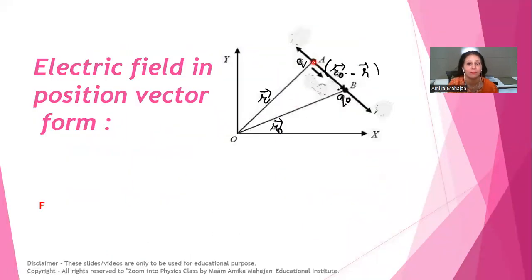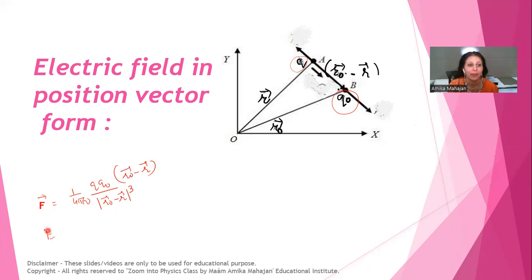Now, if I have to write electric field due to this source charge at point B, what I do, I place a vanishingly small test charge Q naught at B. Here Q is the source charge. So if I want to find electric field, then what will be the force acting on Q naught? 1 by 4 pi epsilon naught Q Q naught upon, now it is from A point to B point. So final point is B, whose position vector is R naught, and position vector of A is R. So in the denominator it will be magnitude of R naught minus R cubed, and in numerator it will be R naught minus R vector.